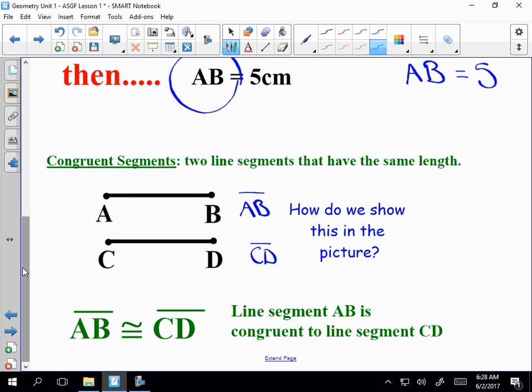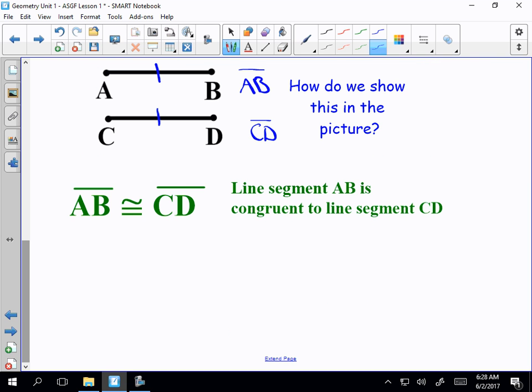Since they are the same length, we would put a tick mark on those segments to designate that they are the same length. When we're talking about objects, we want to talk about congruence. A line segment is an object, so we use our congruent symbol. We're not saying that they're equal to each other. That would mean that they're the same segment.